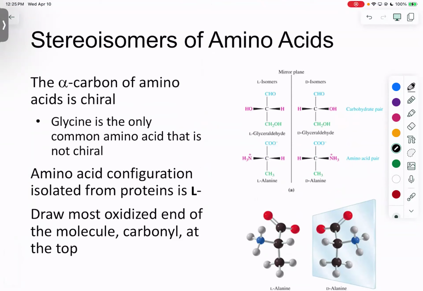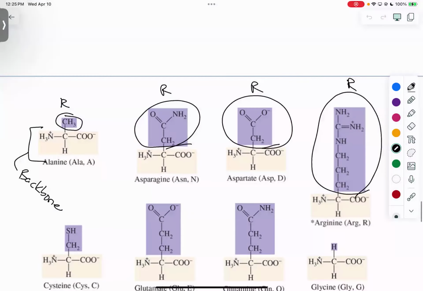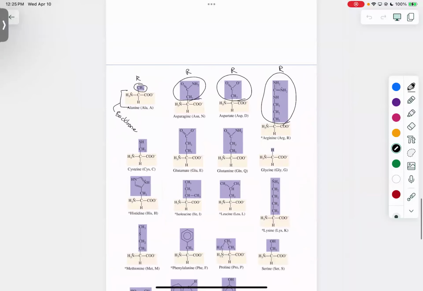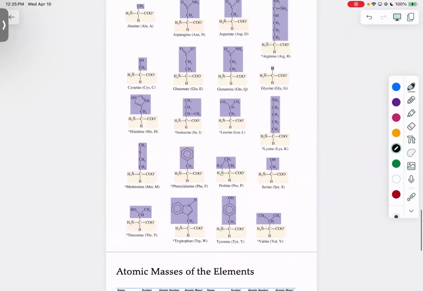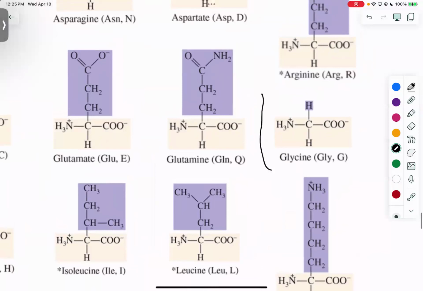So we talked about that the alpha carbon of the amino acid is chiral. And so if we look at each of the amino acids, look at your little sheet, every single amino acid has something different in purple, right? Except for one. And the one is glycine.